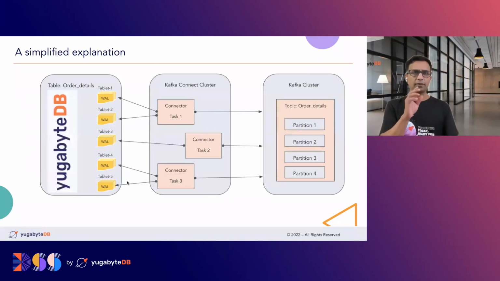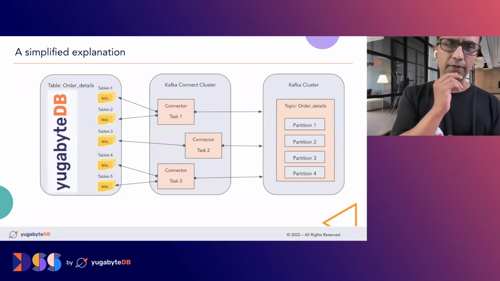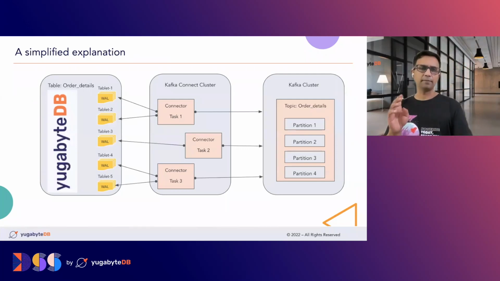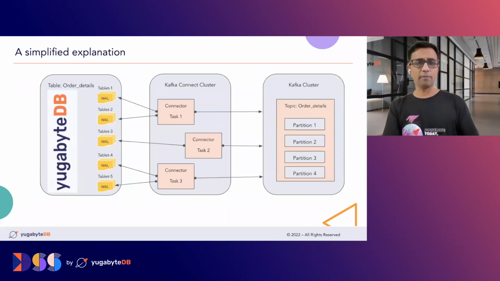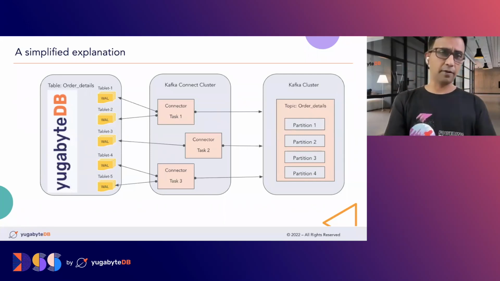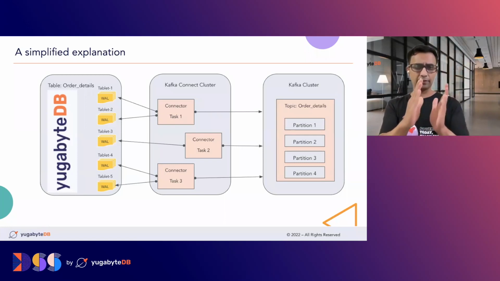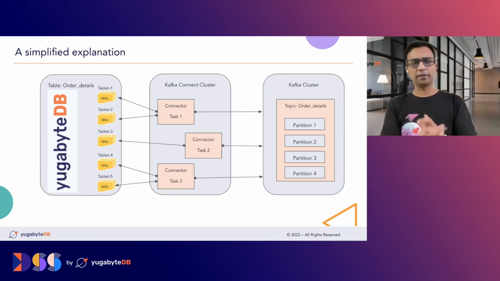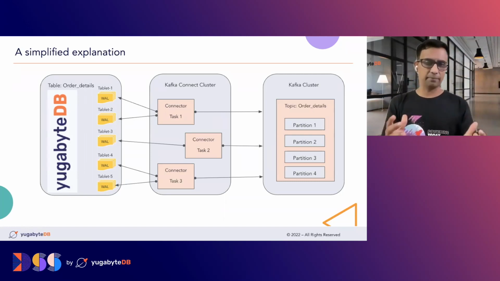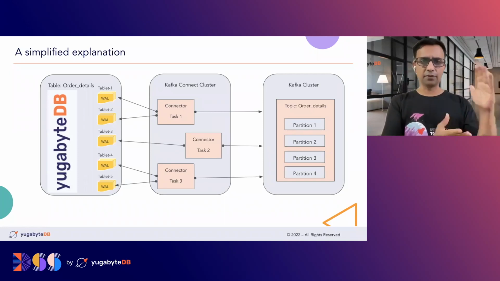Just to expand a little on what Suranjan walked us through, let's take a simple example. I have YugabyteDB, and we have an isolated sliced view of, let's say, a table called order details, which has 5 tablets as an example. So how does this work? You have the Yugabyte cluster, which is the source.